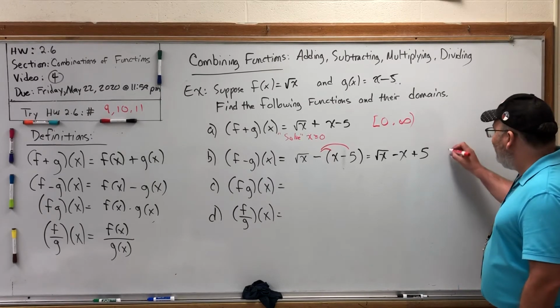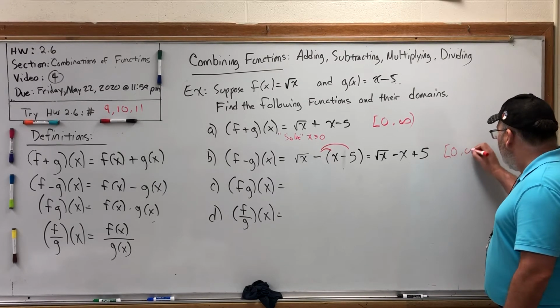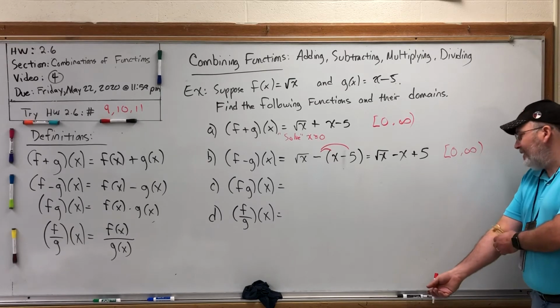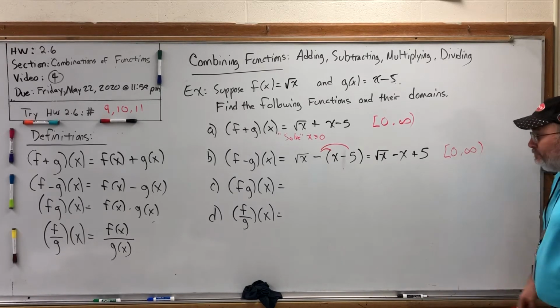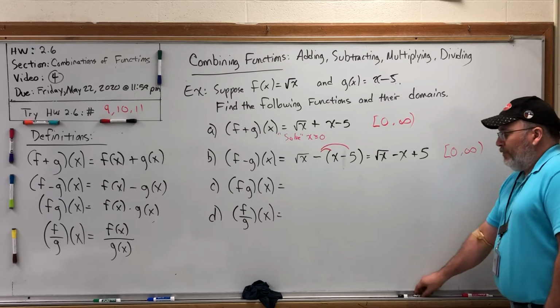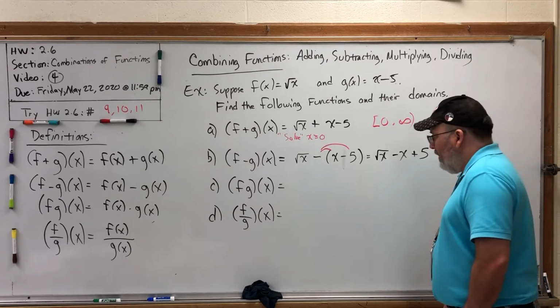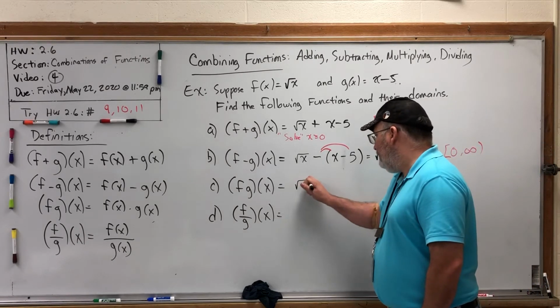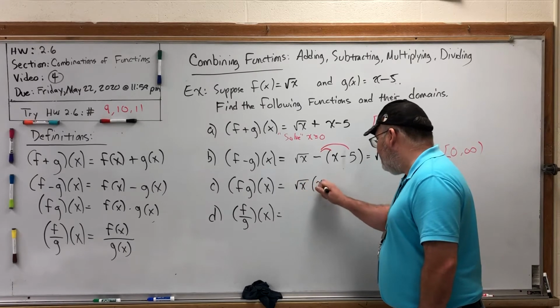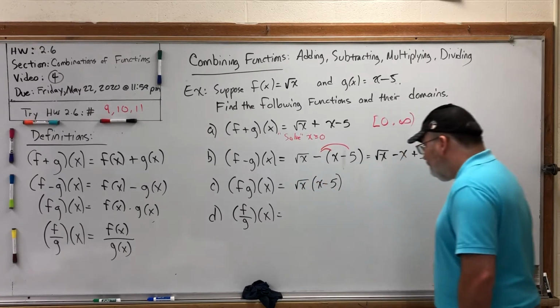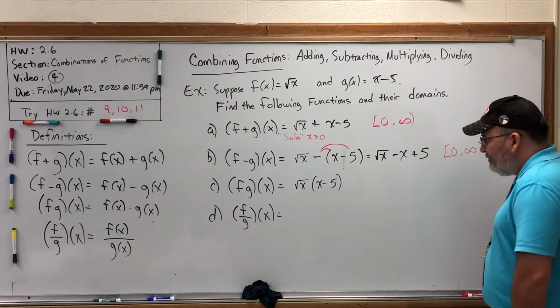And it has the exact same domain issues. Its domain is from 0 to infinity, including the 0. What about multiplication? Well, let's multiply the square root of x times x minus 5. Could you distribute this?